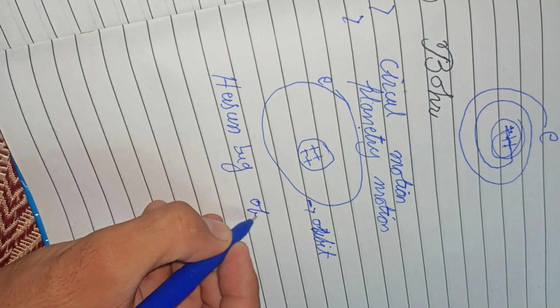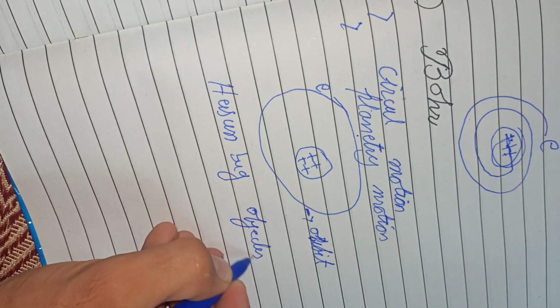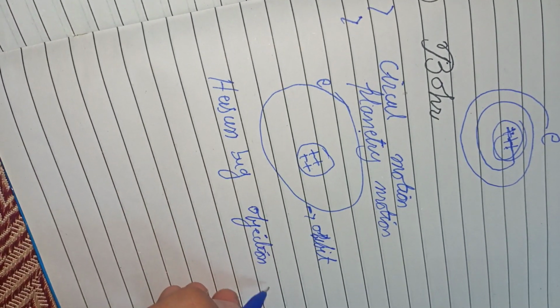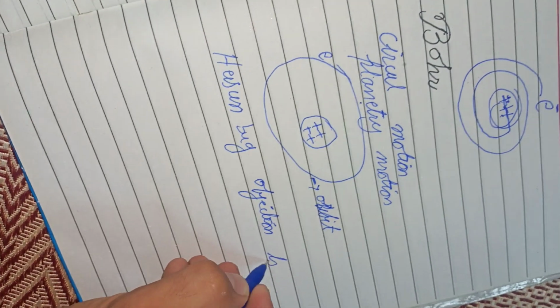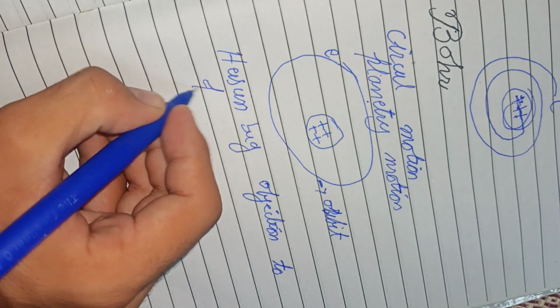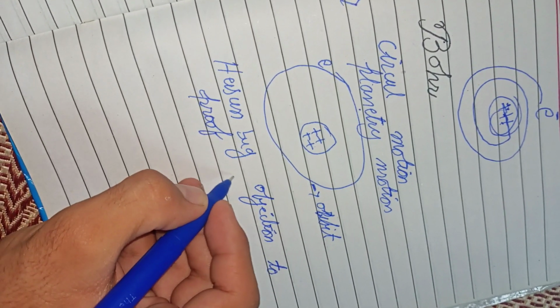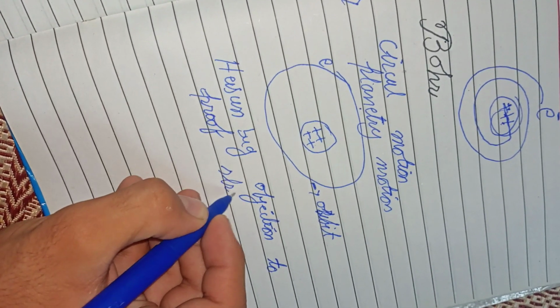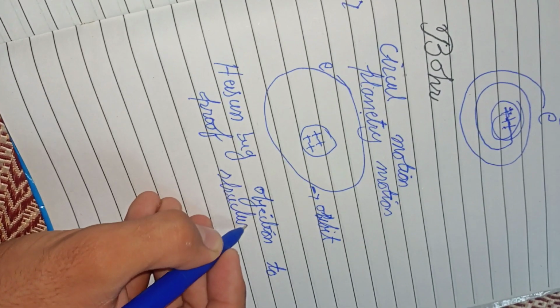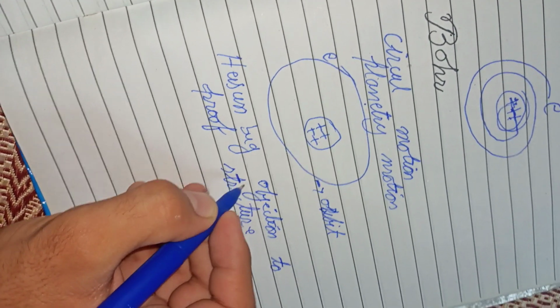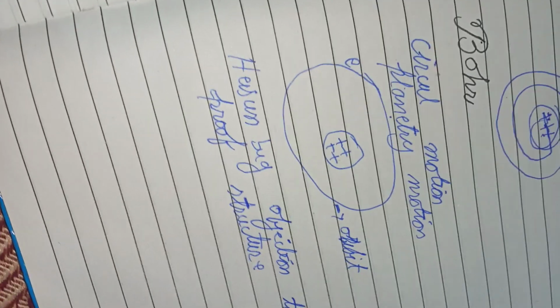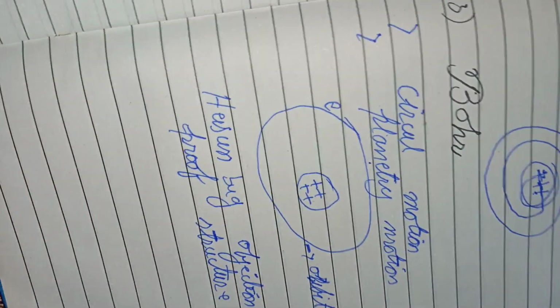Heisenberg's objection was to proof. He was also correct in his view that you should give us proof of how you are saying that protons are in the center and electrons are revolving. Give us the proof, simple.